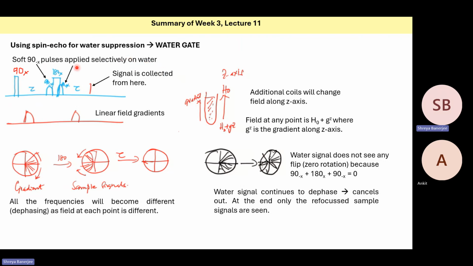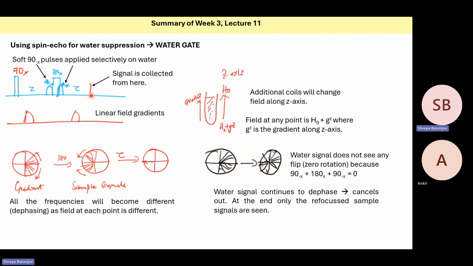Some other signal can also be chosen. So first, a 90 minus x pulse is applied selectively on water. Then a 180x pulse is applied on all the signals. You can see again, this is a hard signal. And after that, once again, a 90 minus x soft pulse is applied on the water. And after a certain time tau, the signal is collected.